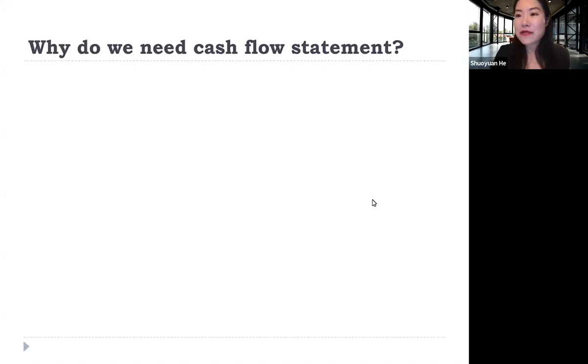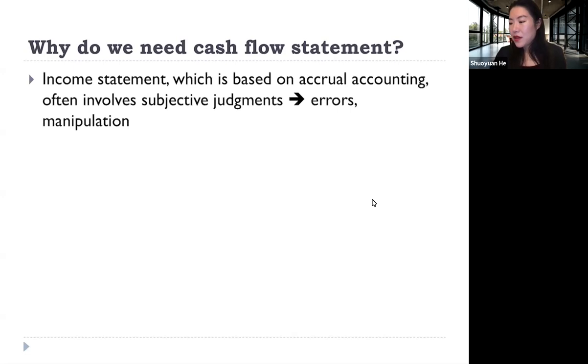Why do we need cash flow statement? So there are several reasons we need a cash flow statement. First of all, income statement is not enough because it is based on accrual accounting. And there are limitations to accrual accounting because accrual accounting is subject to subjective judgment.